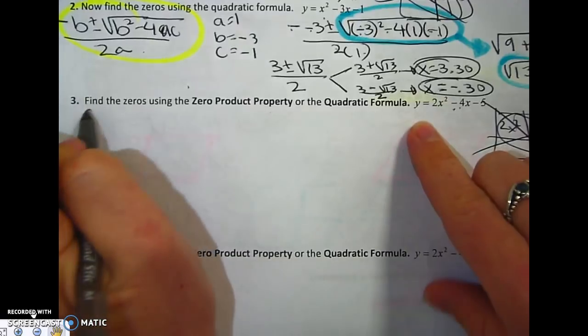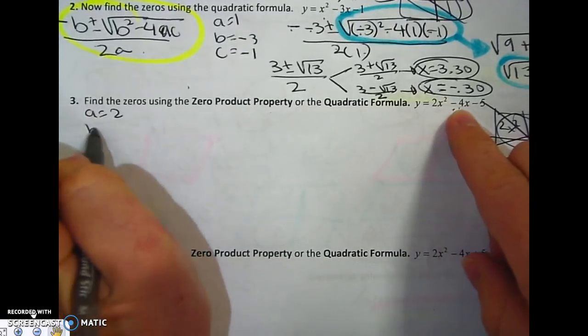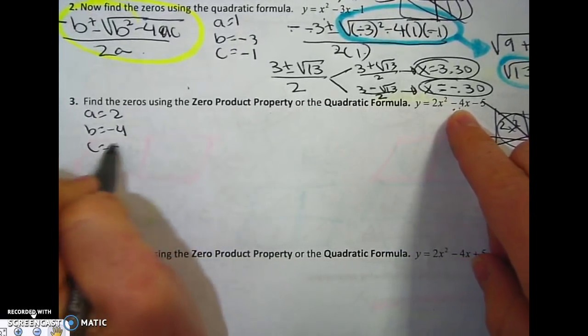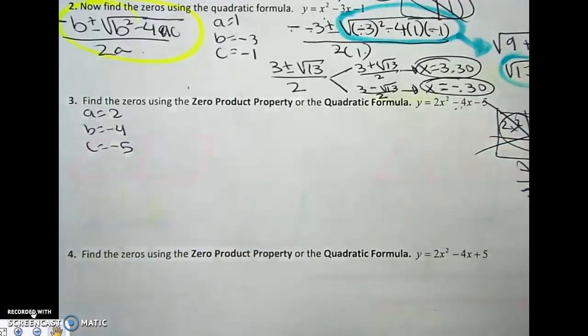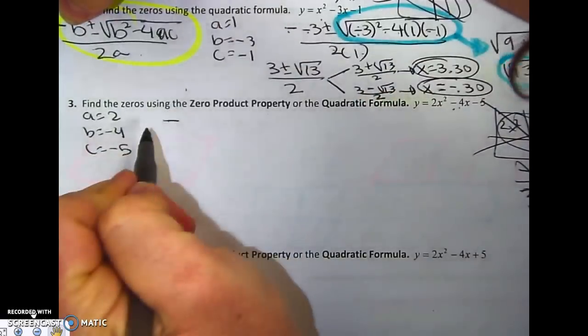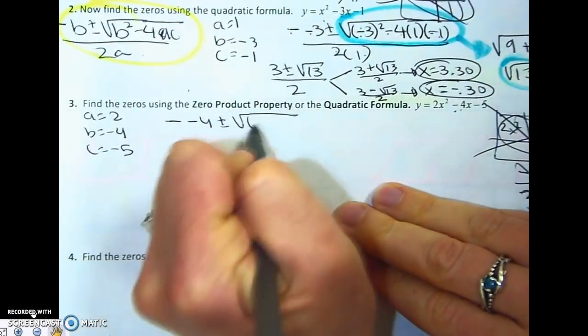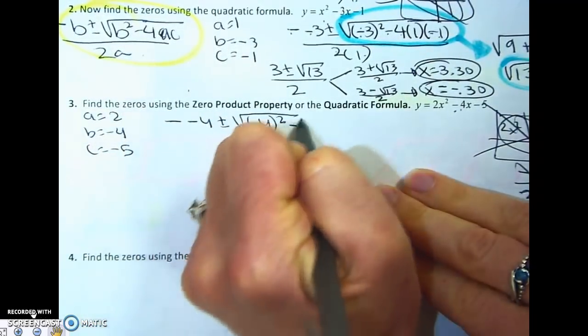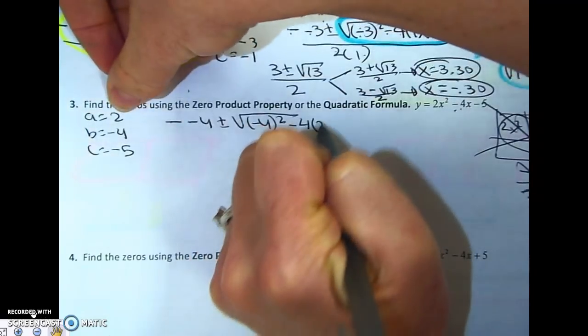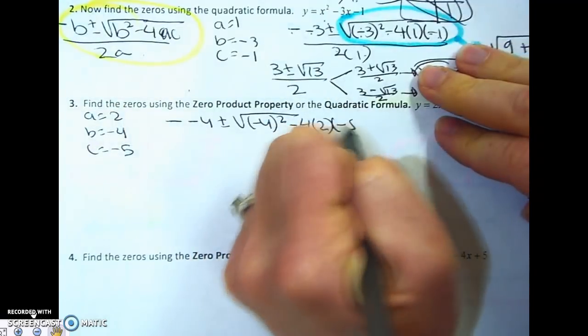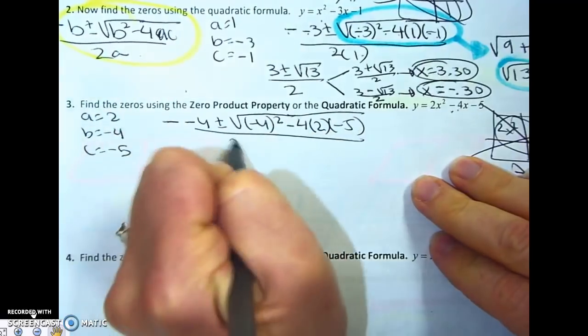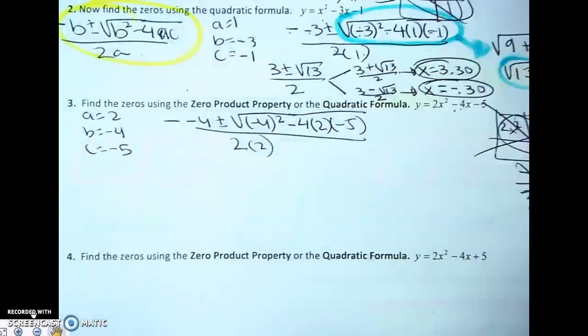I'm going to identify my A, my B, and my C. Now I'm going to start with negative of negative 4 plus or minus the square root of B squared minus 4 times A times C, all divided by 2 times A.